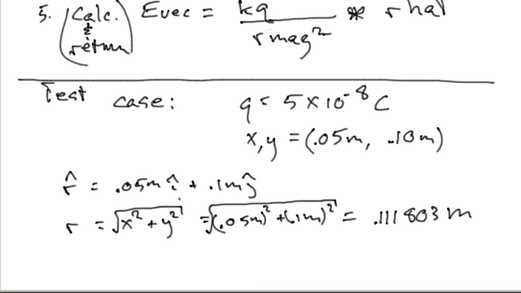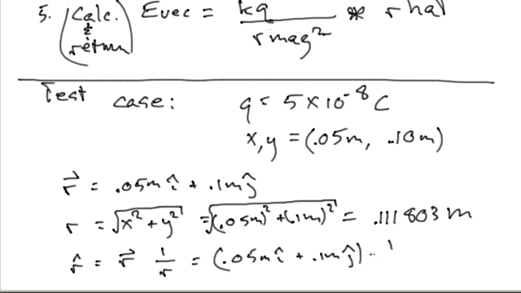That's not R hat, by the way, that's R vector. So let's fix that up. R hat is equal to R vector times 1 over R mag, which is 0.05 meters I plus 0.1 meters J times 1 over 0.111803 meters.